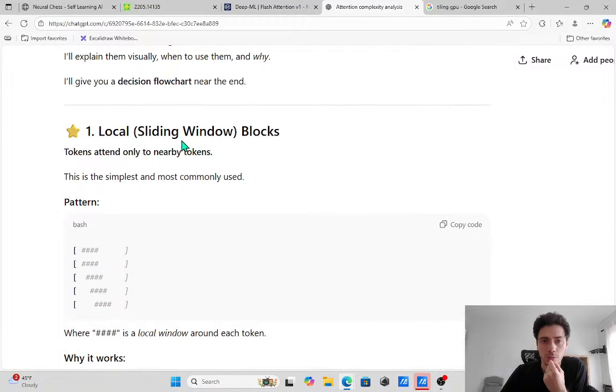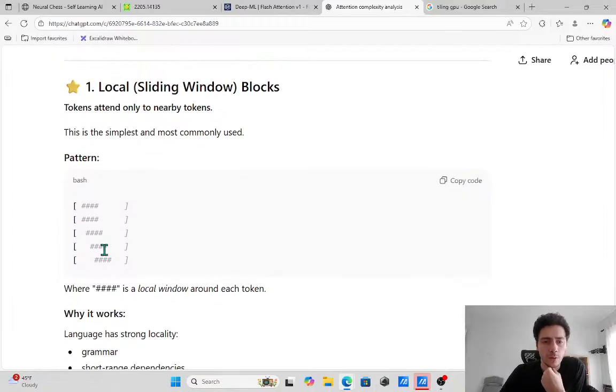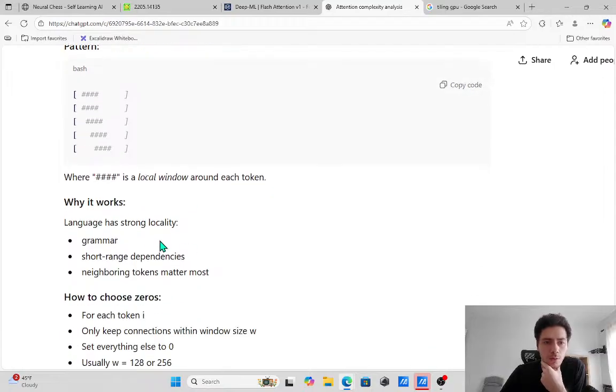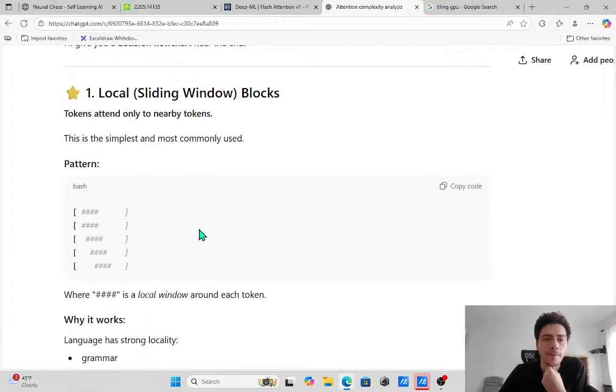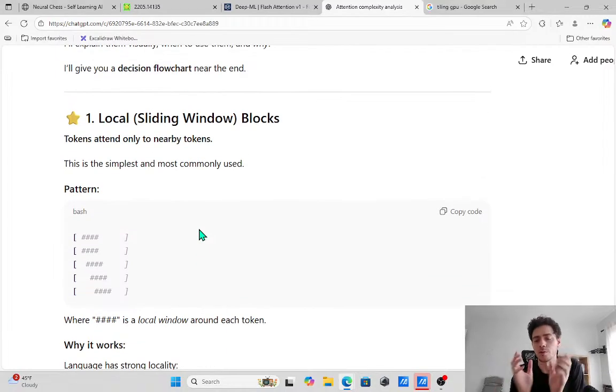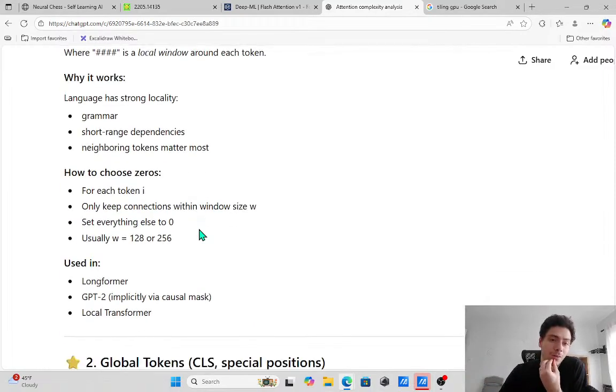Okay, local. Okay, so you go one by one. So I guess you just take the things that are close to you, everything else is 0. Coolsies, I guess that would work.